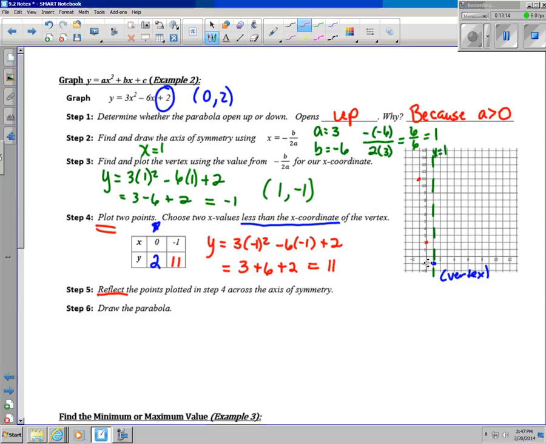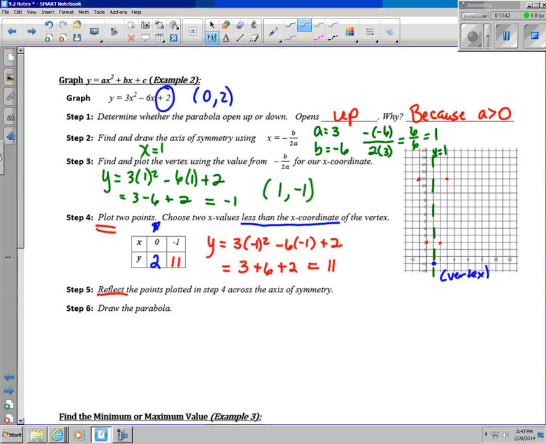So if at 0 we're at 2, right over here we're also going to be at 2. Basically look at it this way. 1 away from the axis of symmetry, I'm at positive 2. So 1 on this side of the axis of symmetry, I'm at positive 2. 2 away from the axis of symmetry, I'm at positive 11. So on this side, 2 away from the axis of symmetry, I'm at positive 11.